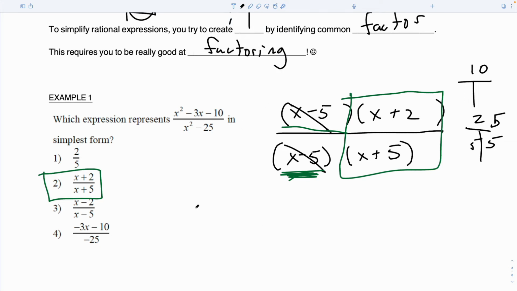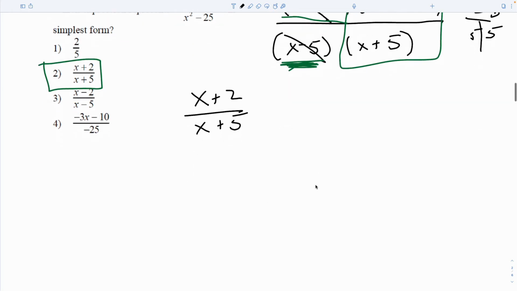Great question. Let's write the answer here and see why I may not be able to do that. If you had x times 2 and x times 5, if it was like that, you could cross them out.